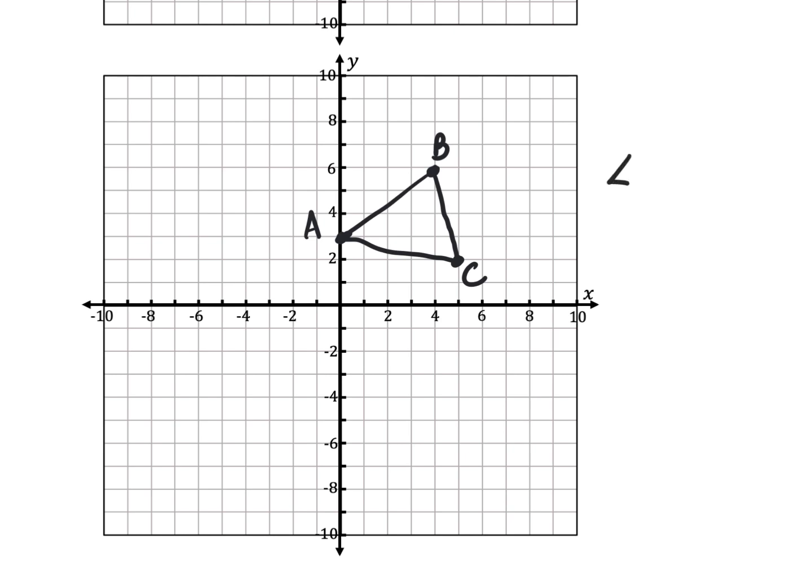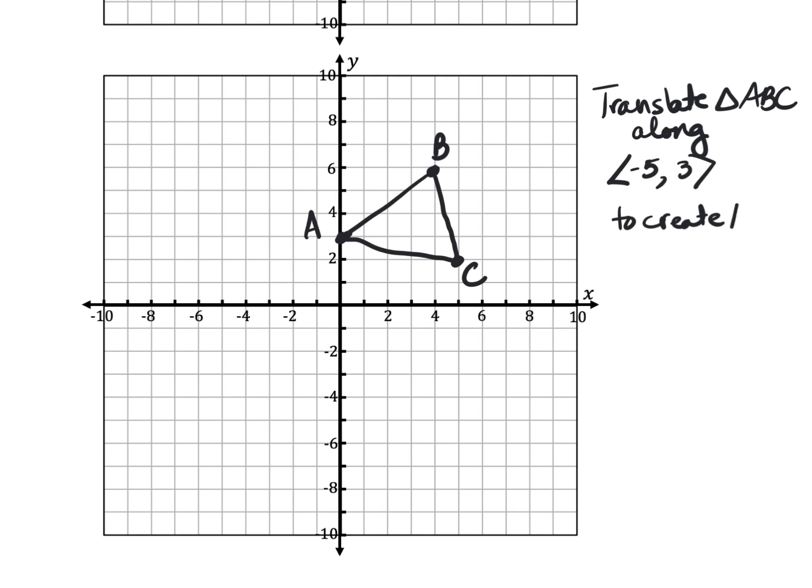So let's say the question would be: translate triangle ABC along vector -5, +3 to create triangle A prime, B prime, C prime.